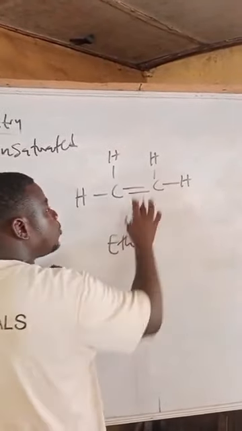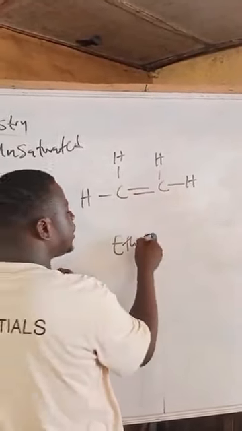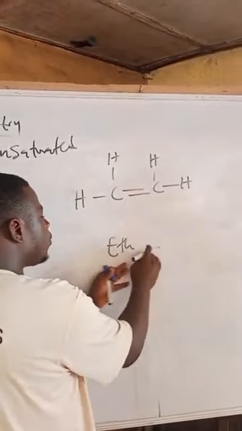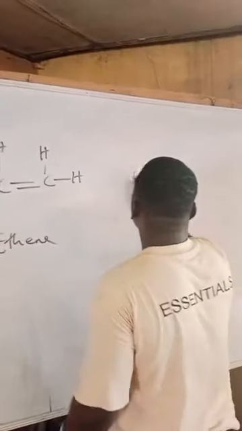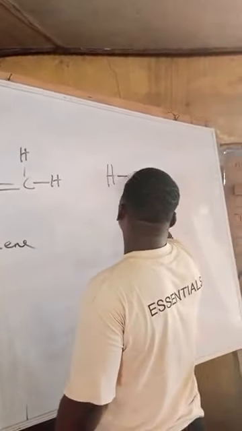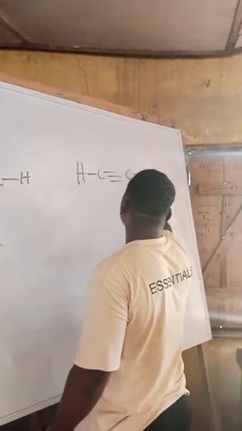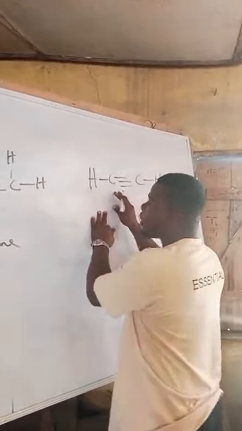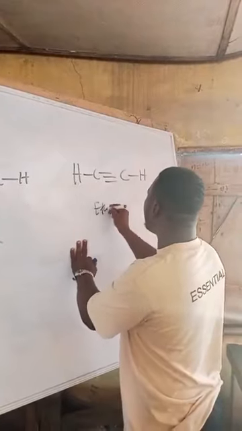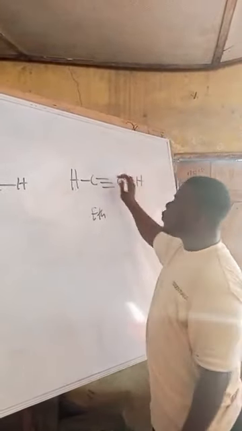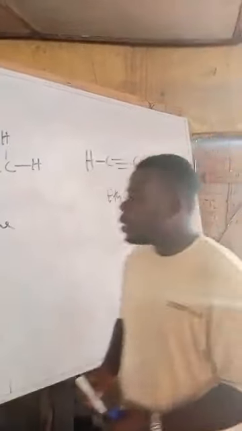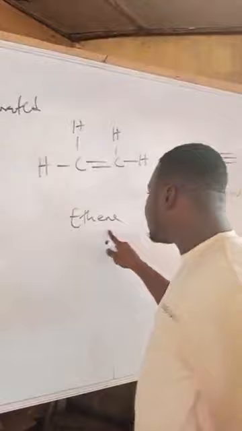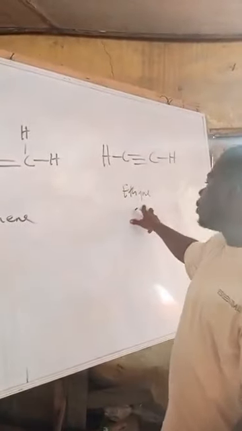What is the functional group? A double bond is alkene, right? So when you concatenate it, it is ethene. So one more. Now this is also two carbon atoms, eth. What is the functional group? A triple bond is alkyne. So when you concatenate it, it is ethyne. Now we have ethane, ethene, and ethyne.